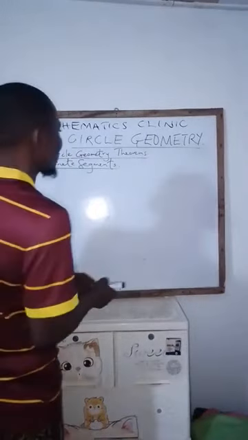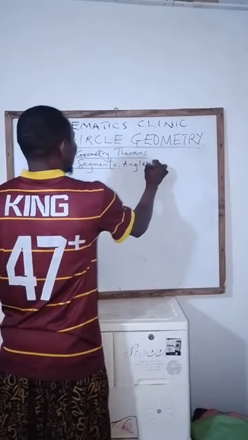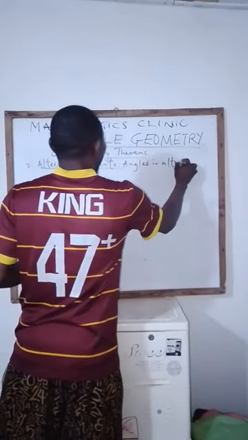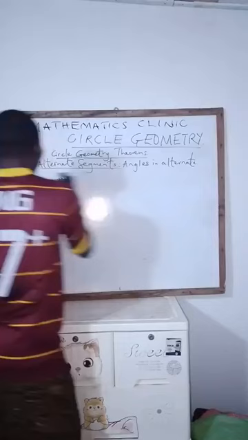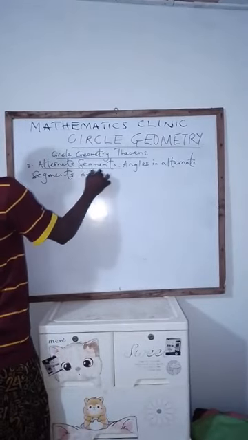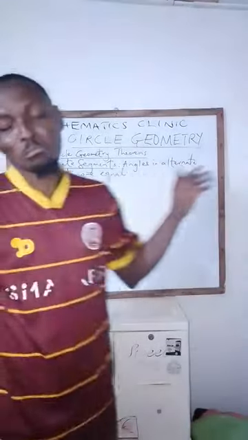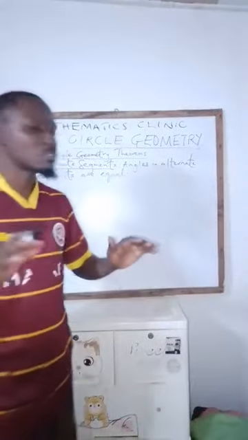So what does that theorem say? The theorem says that angles in alternate segments are equal. That's all about that theorem, no more, no less.